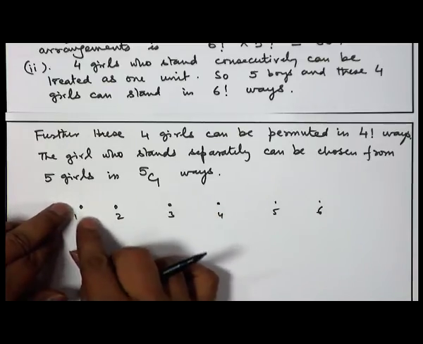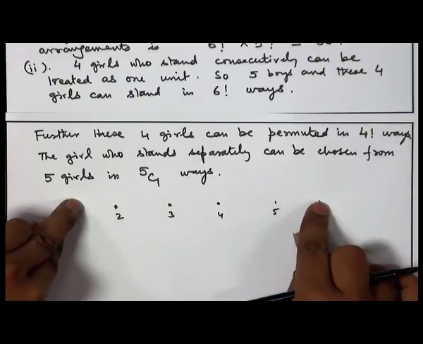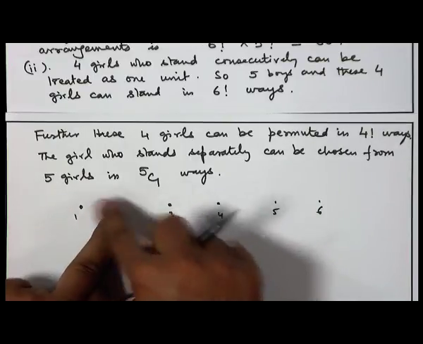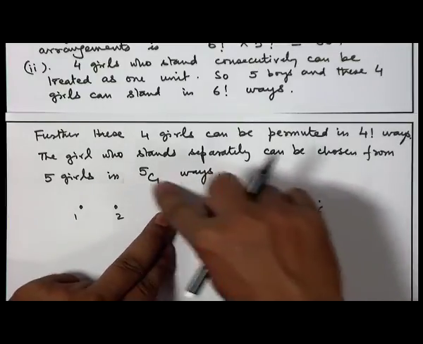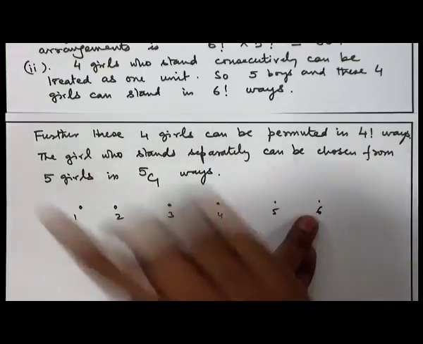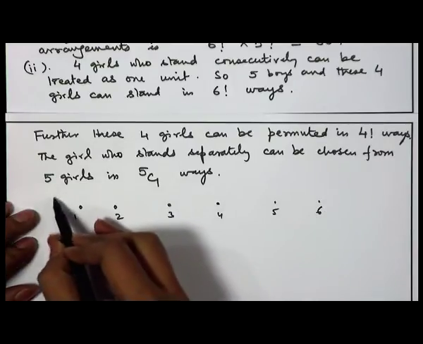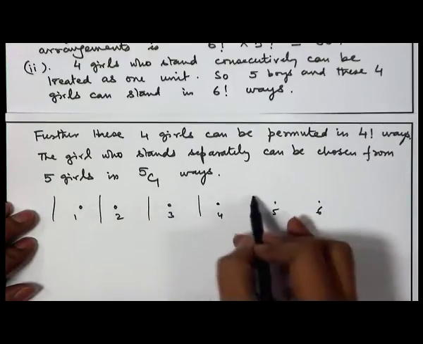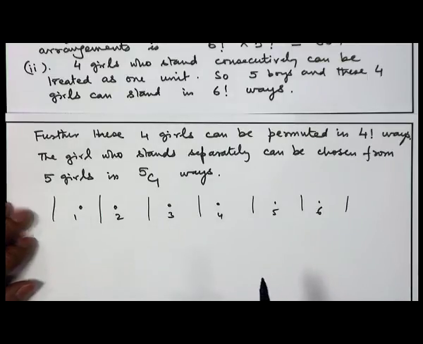For example, this could be these 4 girls, then the next 5 boys, or this could be 4 girls and this 5 boys, etcetera. Now, this one girl which is remaining can stand here, here, here, here, here, here or here. That is, the total number of possibilities is 7.